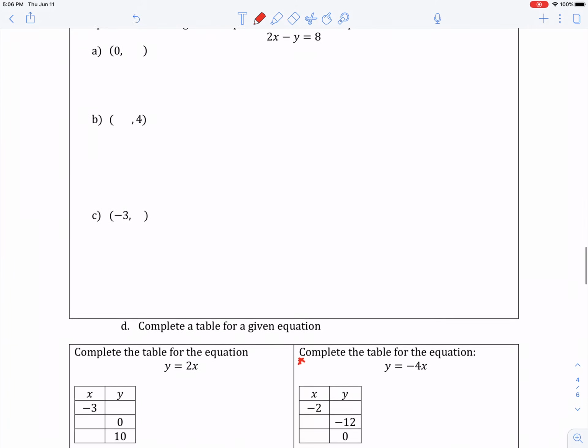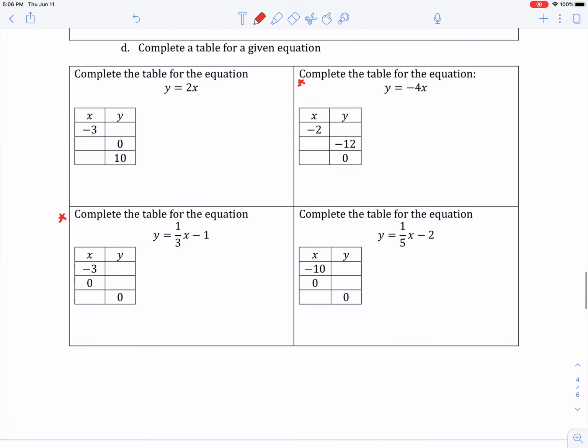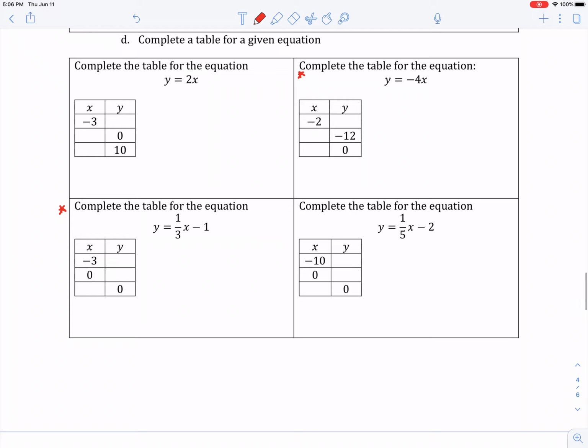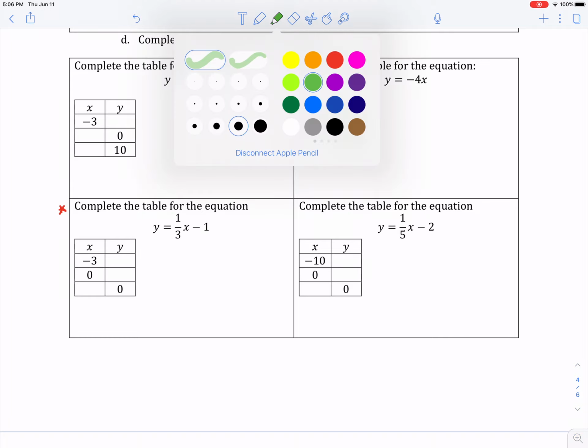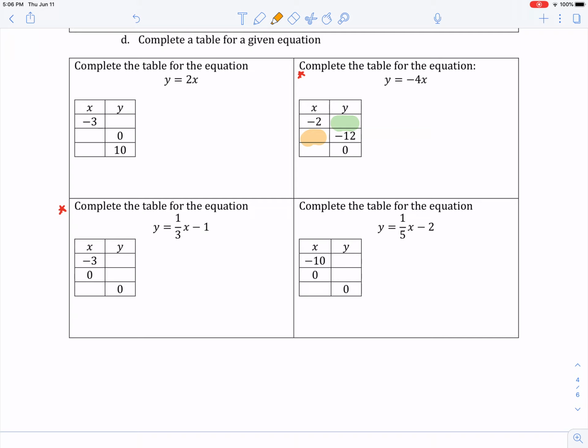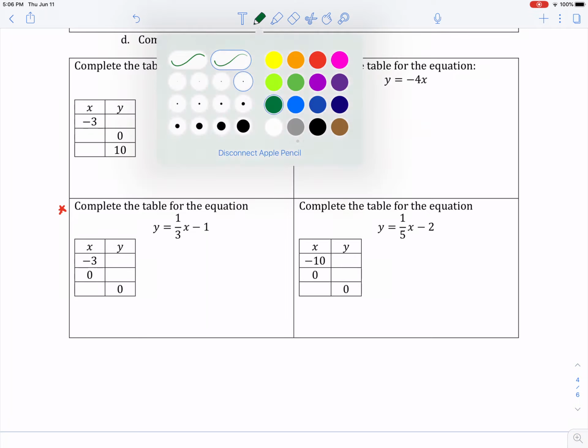All right, so let's scroll down here and look at it in a different way. These are the same kinds of problems. You're given an x value, and you're supposed to be figuring out what the corresponding y value is, or you're given a y value, and you're supposed to be figuring out what the corresponding x value is. So the process is the same. It just looks a little different here because it's been put into a table.